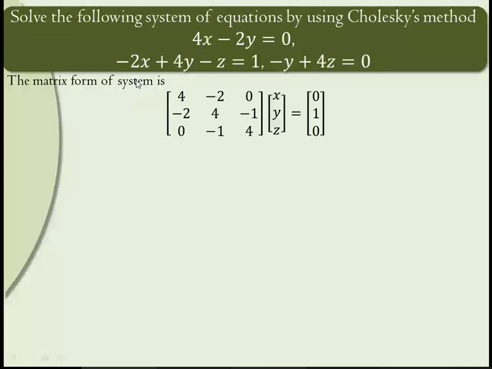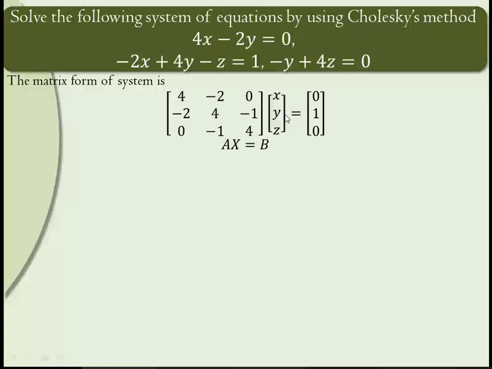In the third equation, the x term is absent, so its coefficient is 0, the coefficient of y is minus 1 and of z is 4, multiplied by x, y, z, equal to the constant terms on the right hand side, 0, 1, 0. So this is of the form A x equals B.